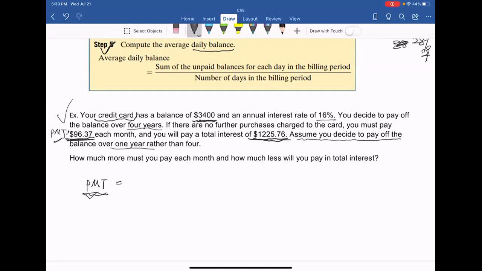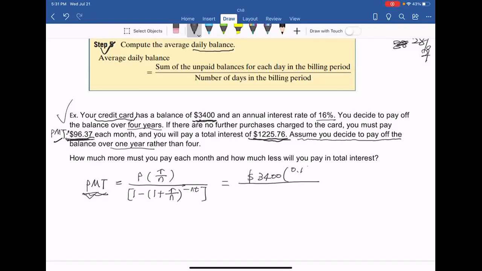So the PMT equals P times R over N divided by 1 subtract 1 plus R over N to the negative NT. We need to plug in all the information in the question. The P is 3,400 times R is 16% converted to the decimals.